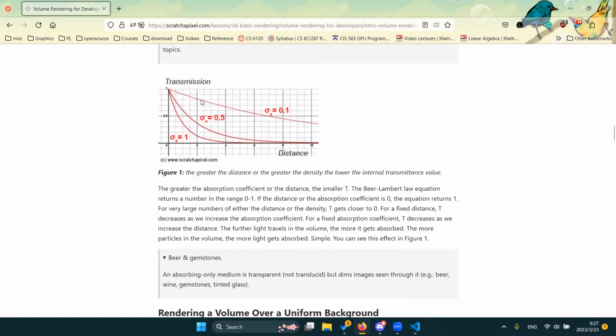So we do have an exponential decay graph here. The Beer-Lambert law returns a number in the range of 0 to 1.